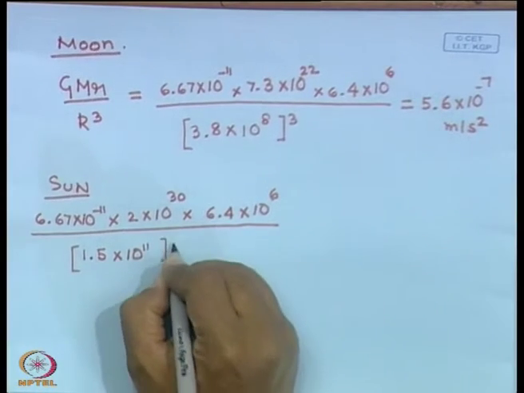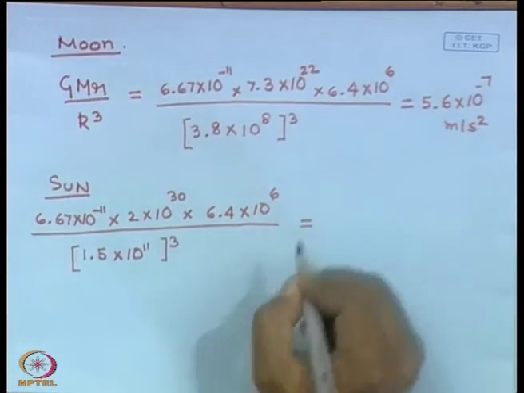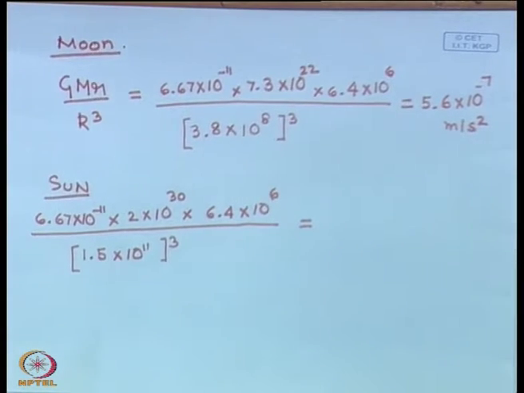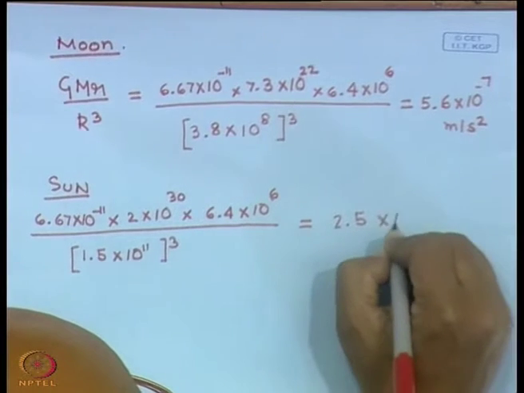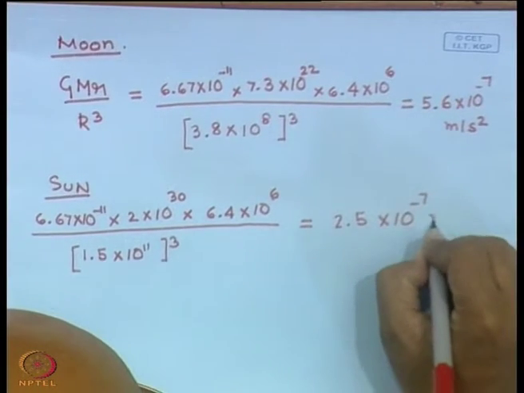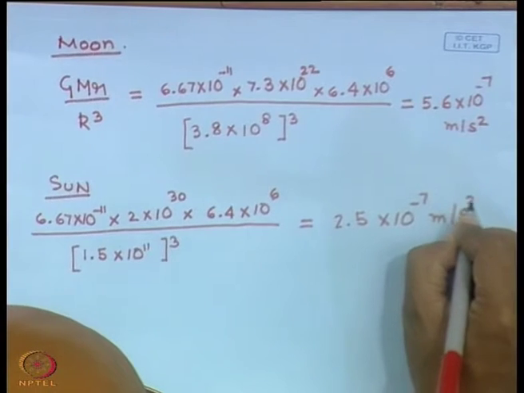So this cubed, and what you get is 2.5 into 10 to the power minus 7 meters per second square.